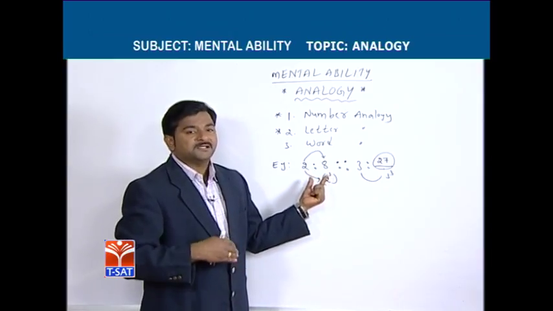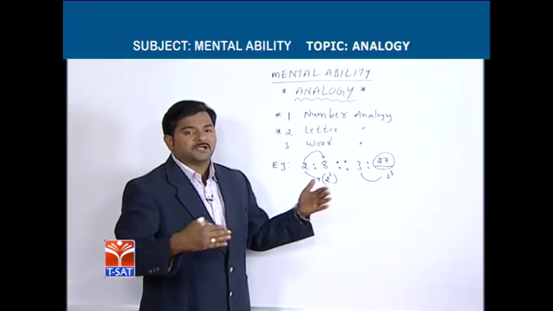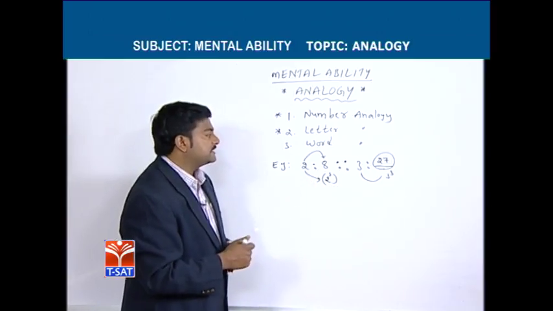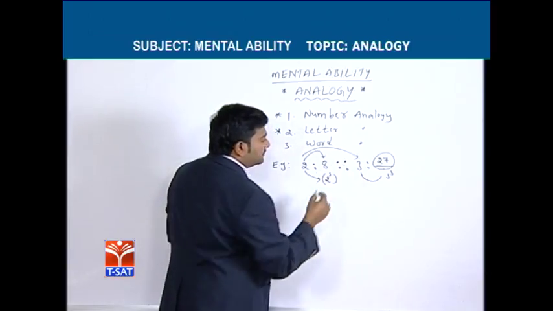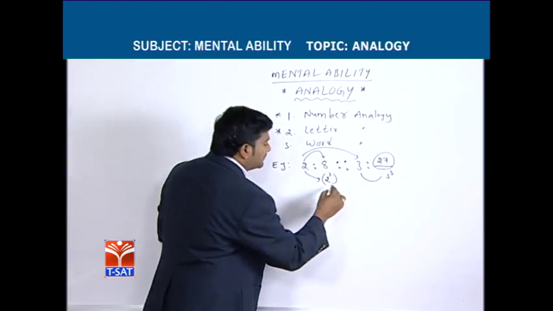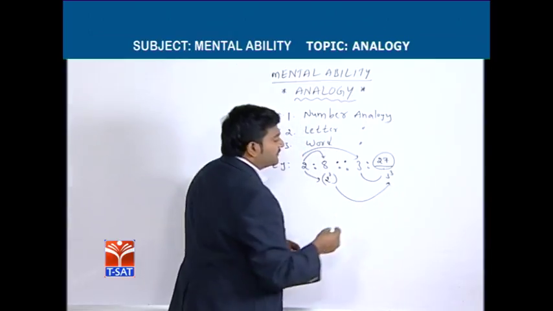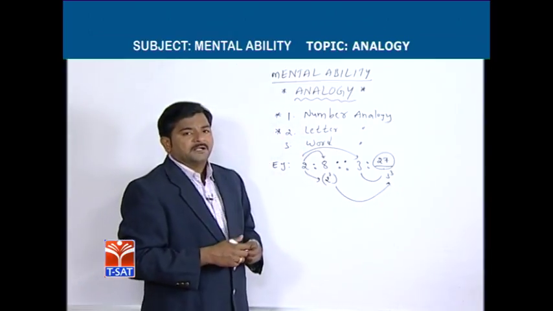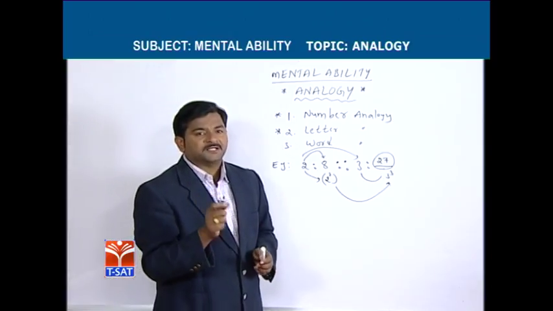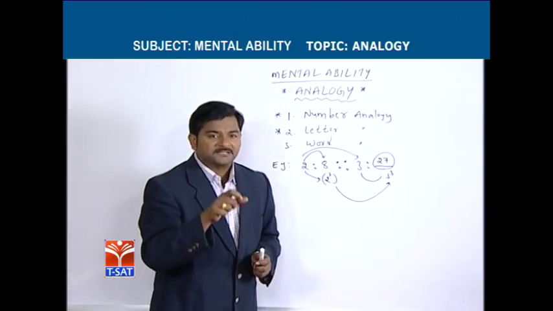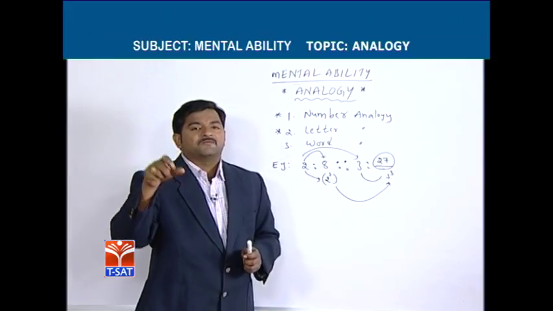If that is not working out, then you have to think in another way also: how we are getting 3 from these two, and by using the same concept we have to get 8 from the required number. Usually 90% of the questions can be solved by identifying the relation in the first pair, and the same concept we apply to the second pair also.